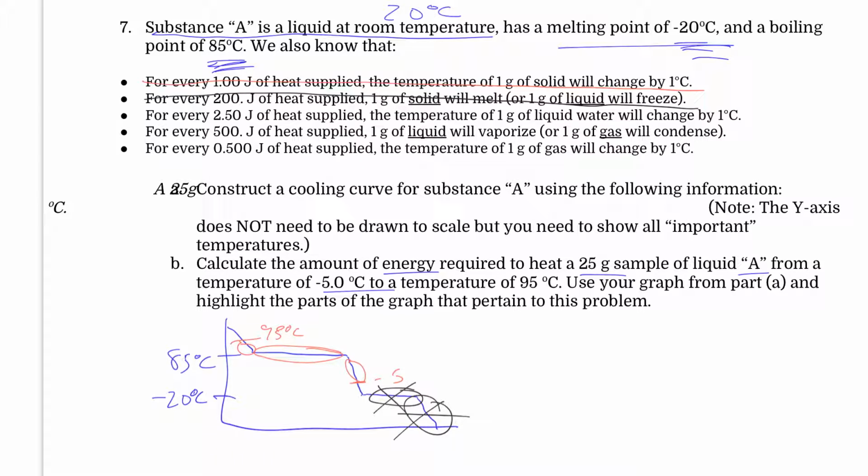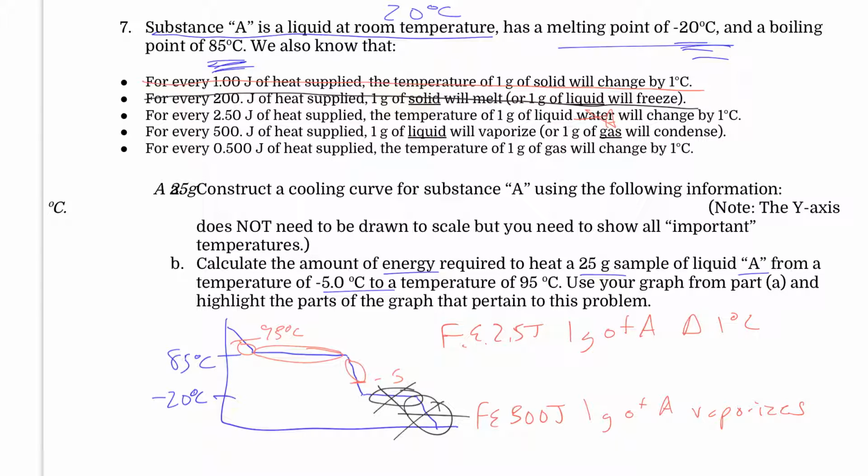So I'm going to say for every 2.5 joules, 1 gram of, this shouldn't say liquid water, this should say liquid A, of A changes 1 degree Celsius. And then we need this next one, 500 joules, 1 gram of A vaporizes.